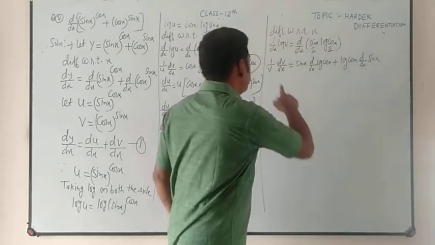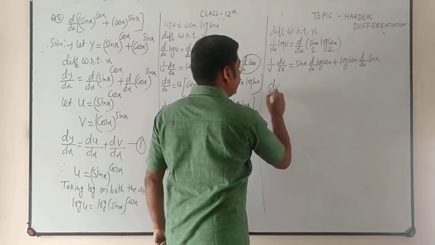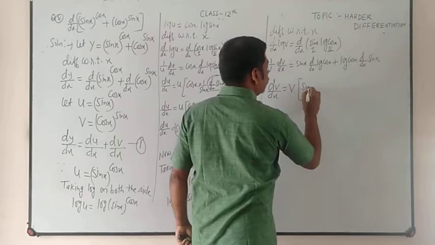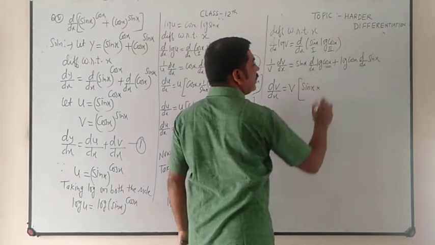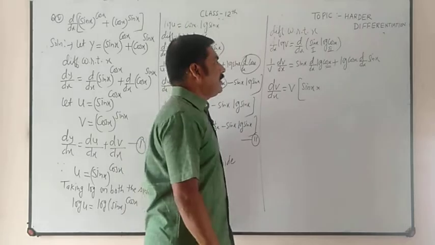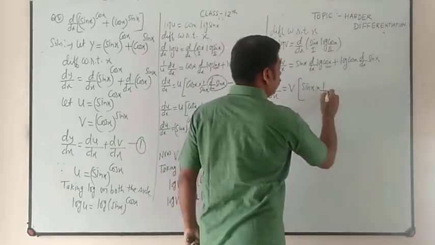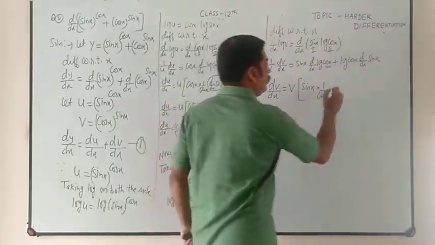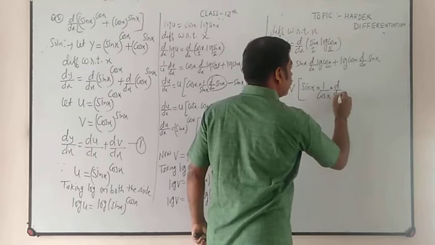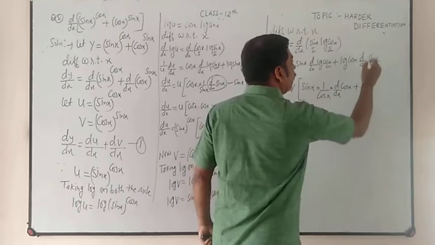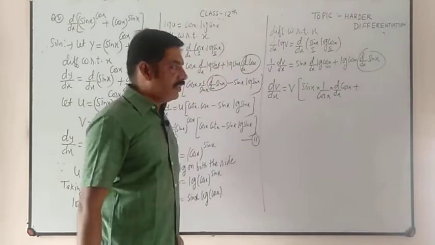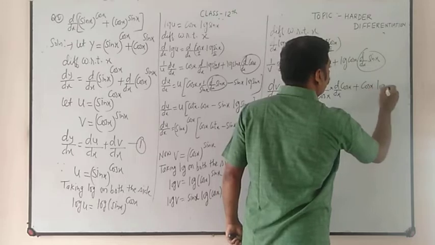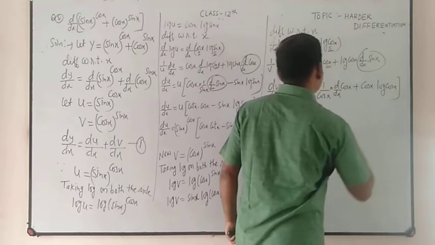Clear? Now cross multiplication of v. So dv upon dx is equal to v in bracket sin x. Now this is log t. Differentiation of log t with respect to t is 1 upon t, that means 1 upon cos x, into d by dx of cos x. Differentiation of sin x is cos x. So cos x log of cos x.